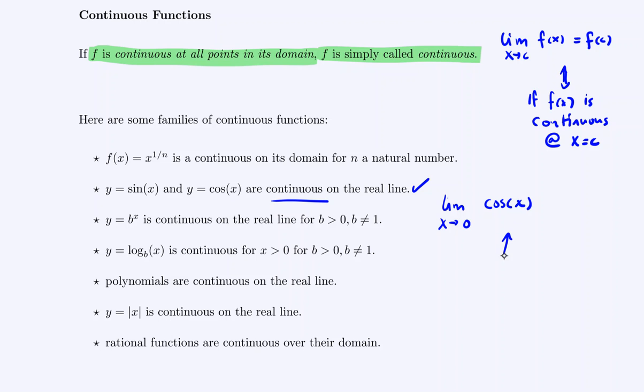But since we know this is continuous, that's what we were told here. Since it's continuous, doesn't it have to abide by this definition? So it's saying it is continuous here. So shouldn't this be true? The limit equals the function value. So this should be equal to just cosine of 0.